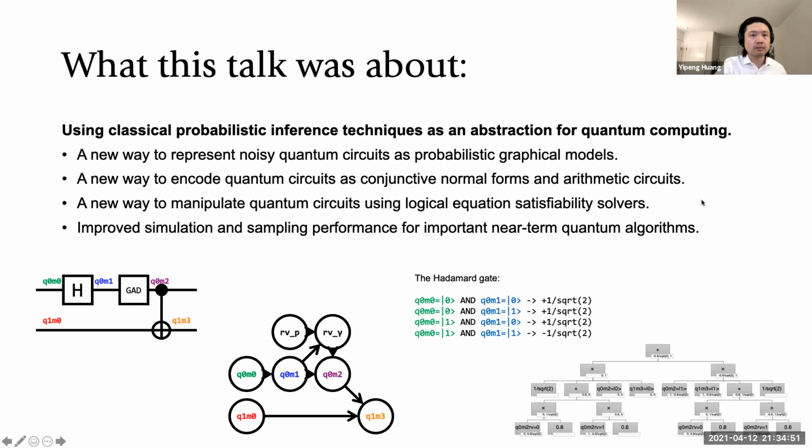And these involve really interesting transformations, such as turning a quantum circuit into a conjunctive normal form, a logical formula, and other types of data structures that allow us to do different types of queries. And this ends up being very useful for a specific and important workload, which is simulating near-term quantum algorithms that we want to study because they may be the candidates for the most useful quantum algorithms in the near term.